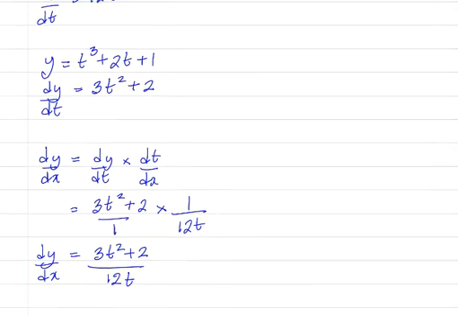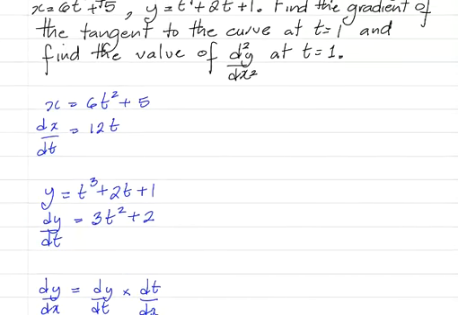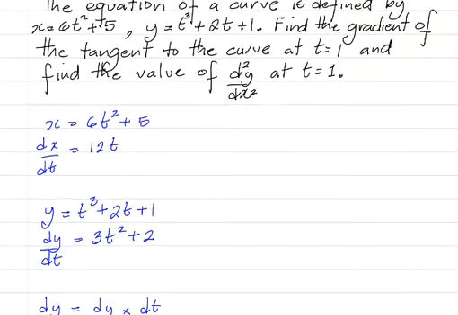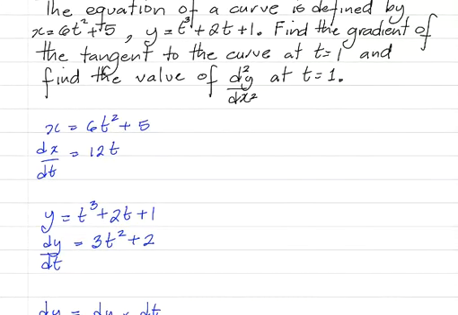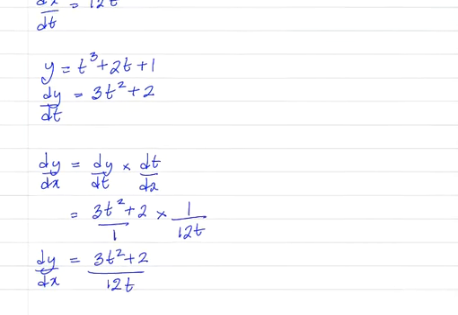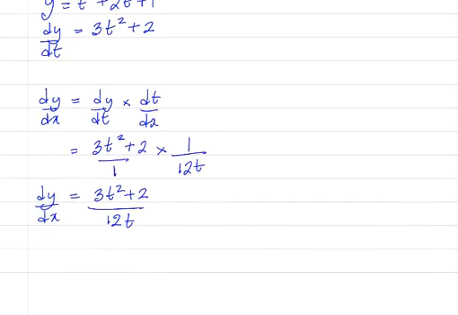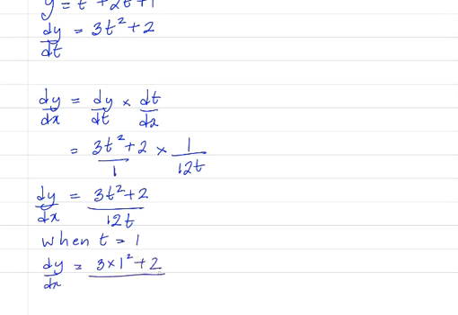I believe we're asked to find the value of dy by dx when t is equal to 1, so to find the gradient of the tangent to the curve at t is equal to 1. So let's find that by saying when t is equal to 1, dy by dx is equal to 3 times 1 squared plus 2 over 12 times 1.